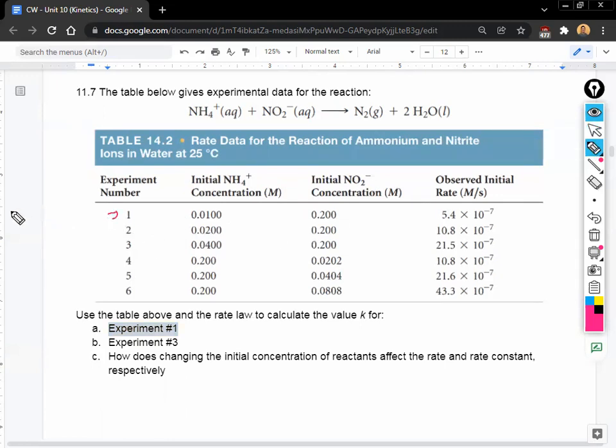Use the equation we just had: rate is equal to K times the concentrations, in order to calculate K for experiment 1. Take a second to look at the data and the equation, and just try it out. See if you can figure out the value of K, and see if you can get the unit of measurement as well.